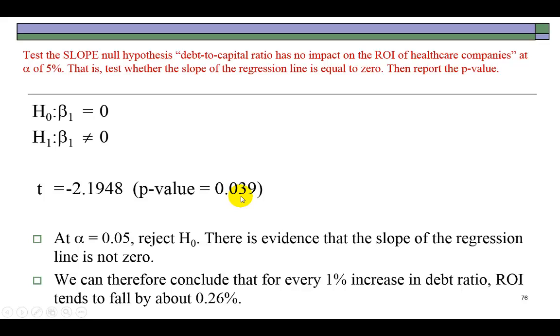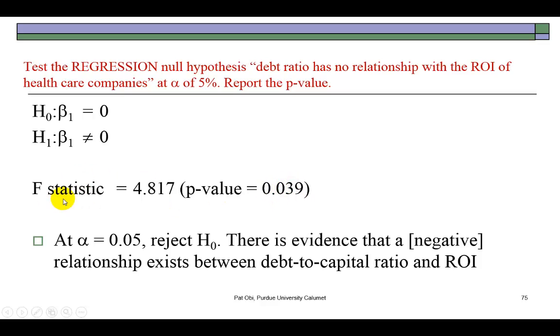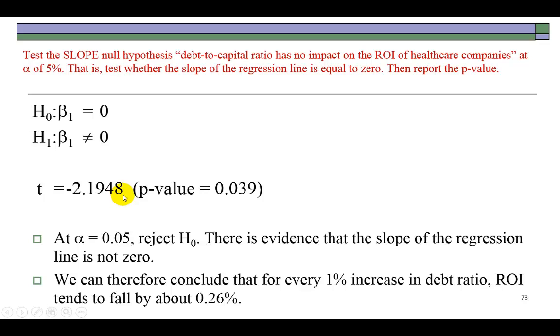The p-value for the t-statistic will always be identical to the p-value of the F statistic in a two-variable model. Even though F and t are different statistics, because it's a two-variable model, this indicator of the highest probability of type 1 error, the p-value, would always be the same. And so now, because this is less than 5%, we conclude that there is evidence that the slope of the regression line is not 0.